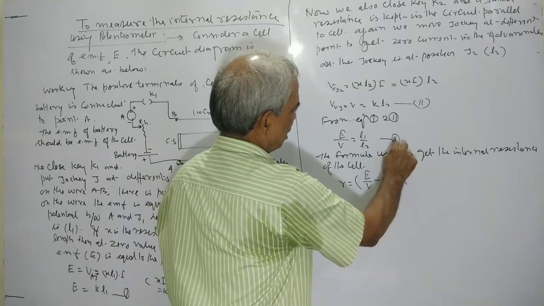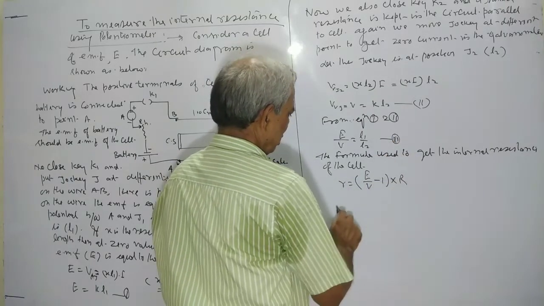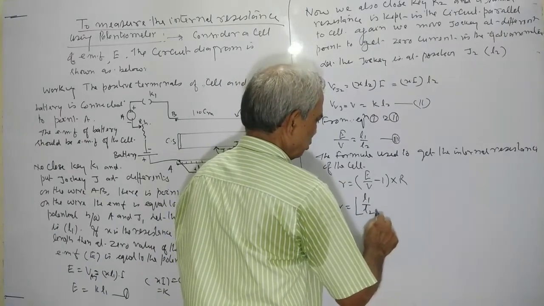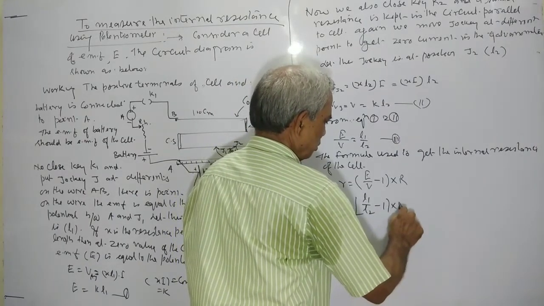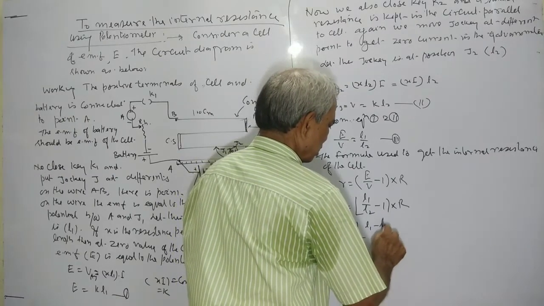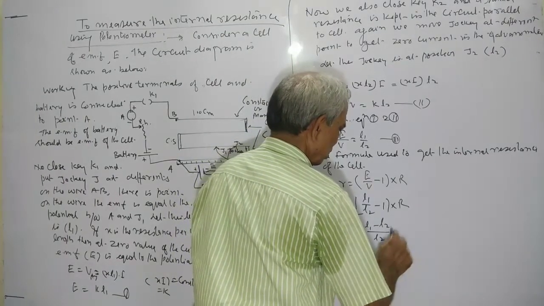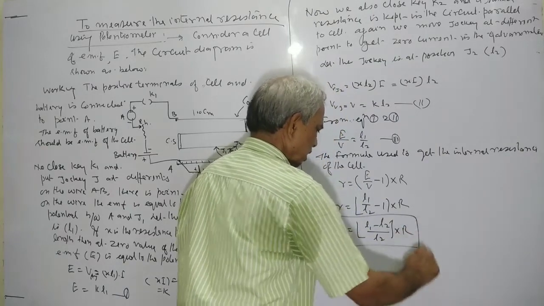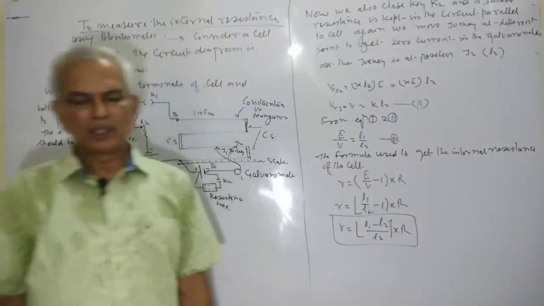This is equation third. Then r equal to (L1 upon L2 minus 1) into R, or r equal to (L1 minus L2) upon L2 into R. This way we can get the internal resistance of the cell.